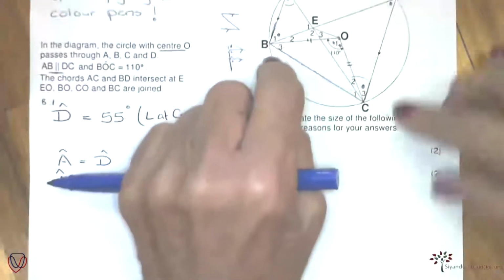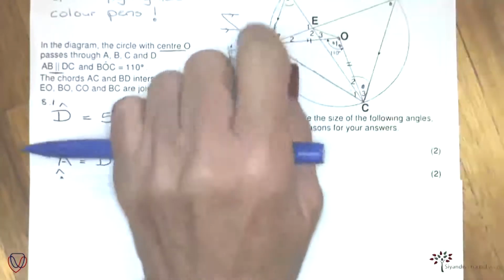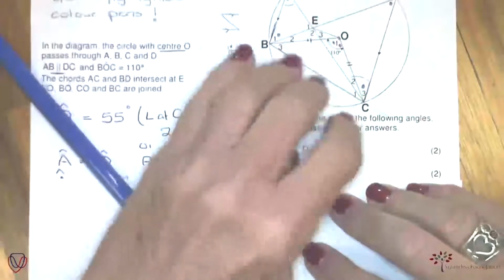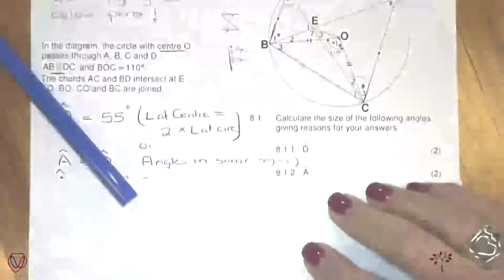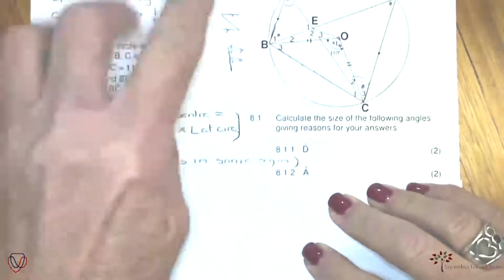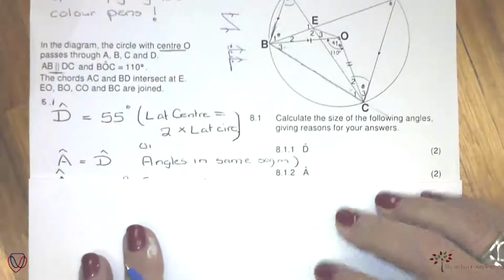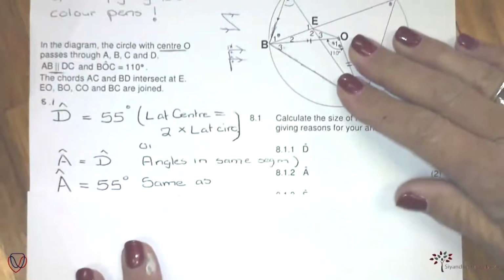You can't take that chord and then say this angle will be equal to the angle that side. They must both be in the same segment. What's a segment? This is a segment and that's your smaller segment. So the 2 angles must be in the same segment. So that was also very easy.